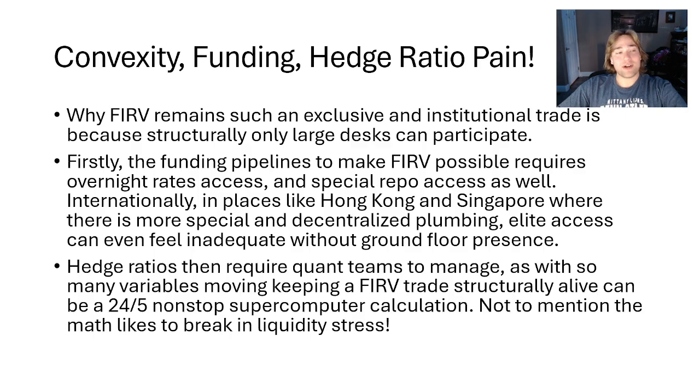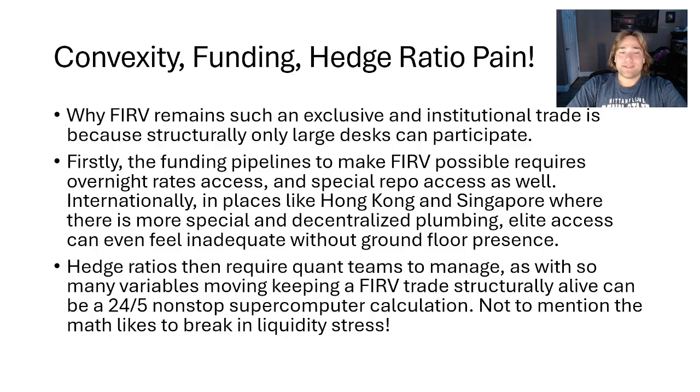It also requires access to decentralized international markets like Hong Kong and Singapore. And as that other slide mentioned, you would need a team in Singapore, for instance, working with the overnight rate there, and also the hedge ratios, going away from financing and just back to DV01 and convexity.